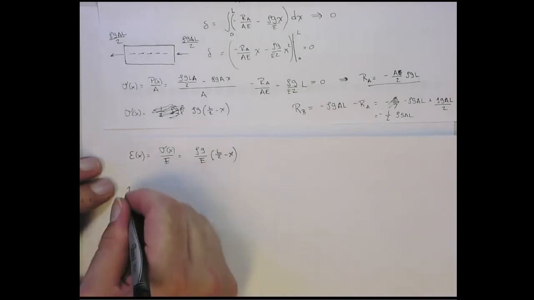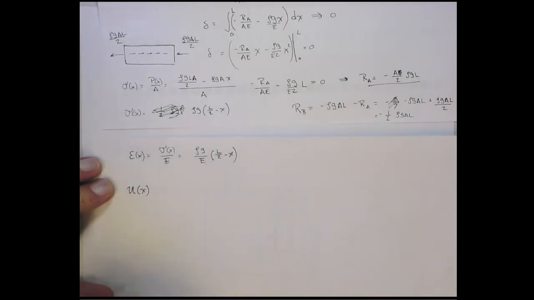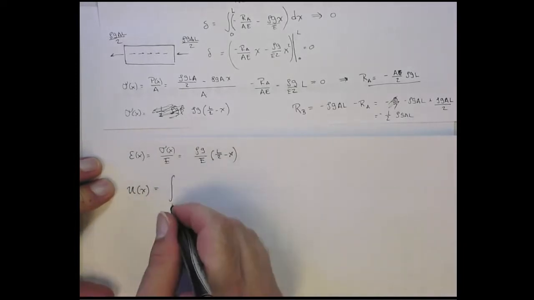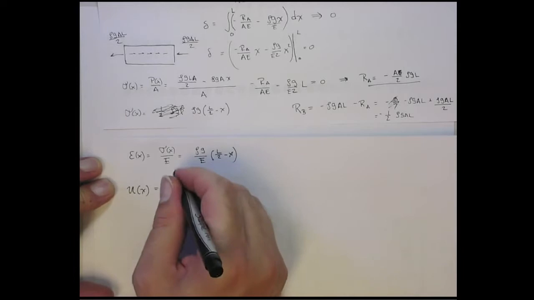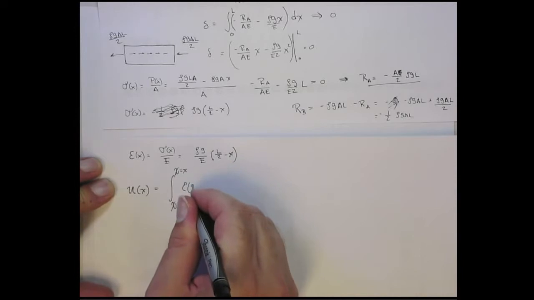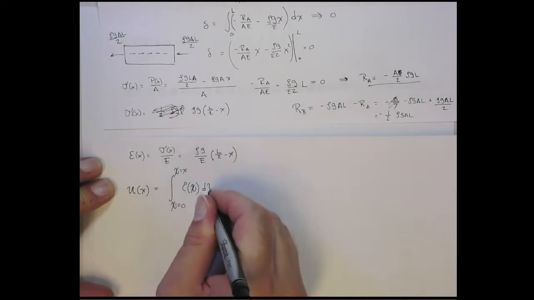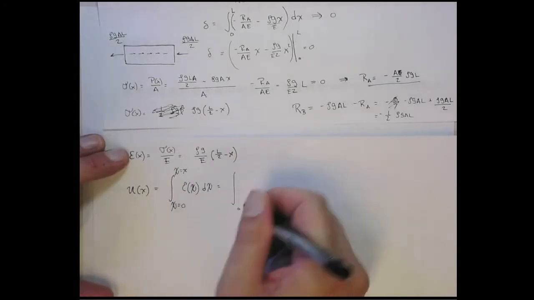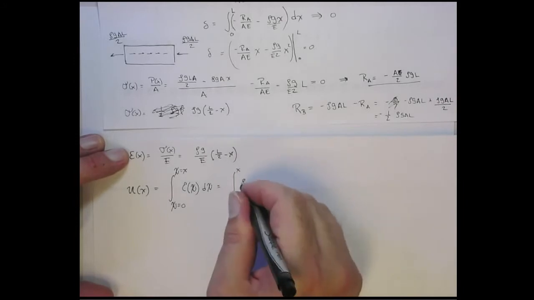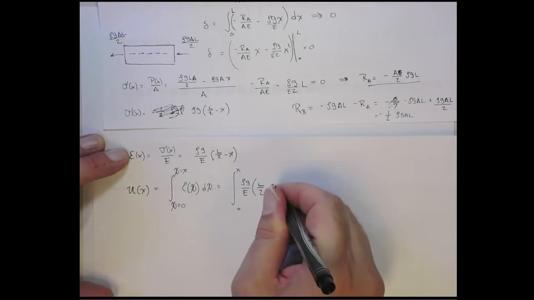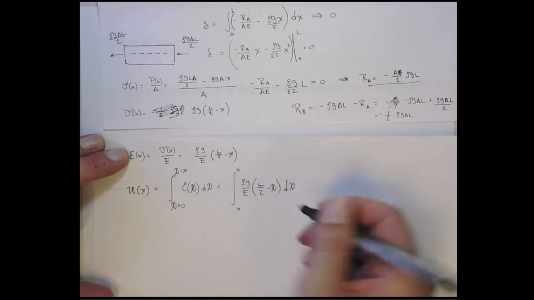And then finally, if I wanted to get the displacement at some point X, that equals the integral of the strain, but now we're going to use a dummy integration variable, chi, going from 0 to X. The strain, in terms of the dummy variable chi, d chi, gives me the integral from 0 to X of rho G on E, L on 2 minus chi d chi.